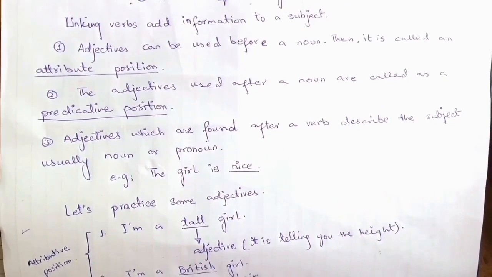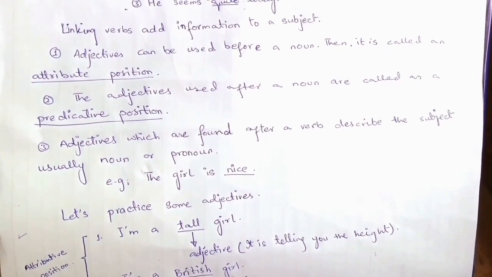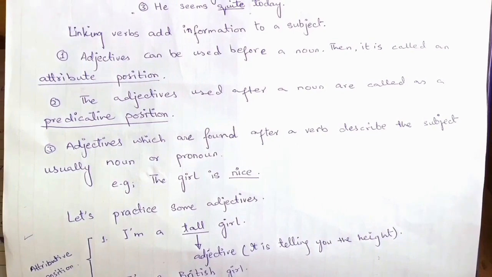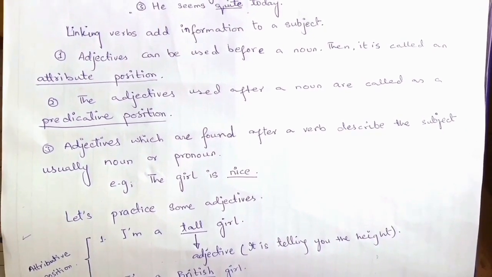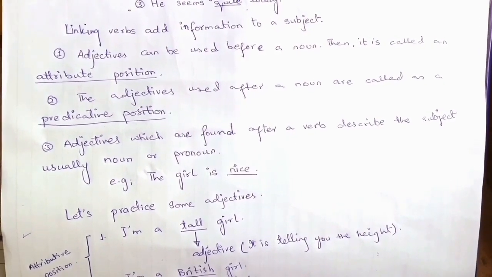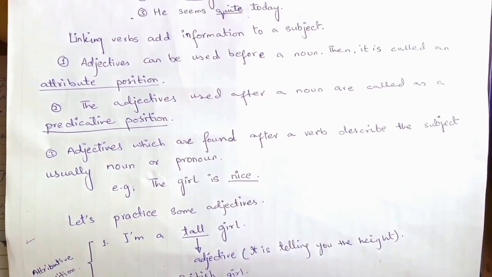And those adjectives which are found after a verb, any kind of verb, whether it is an auxiliary verb, a modal verb, or any other kind of verb, describe a subject, usually a noun or pronoun. For instance, the girl is nice.